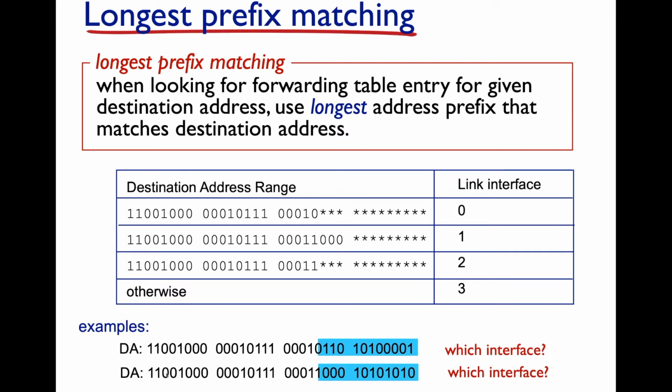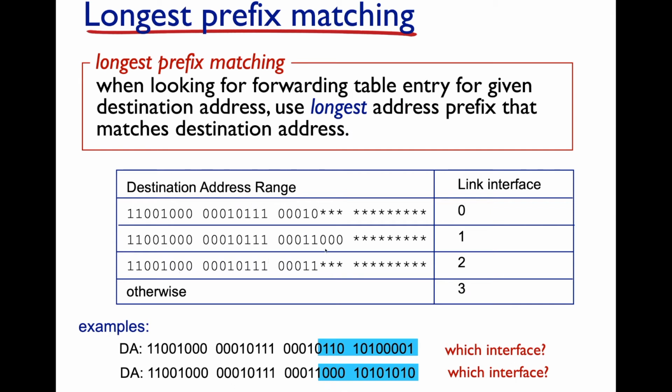Let's take a look at this second destination address on the bottom here. If we look at the third 8-bit number, the third quad in the dotted quad, it's going to match either the second entry in the table or the third entry.